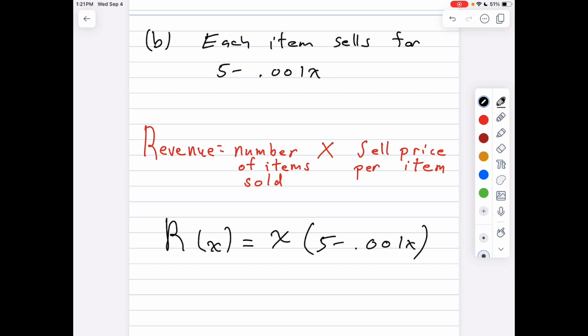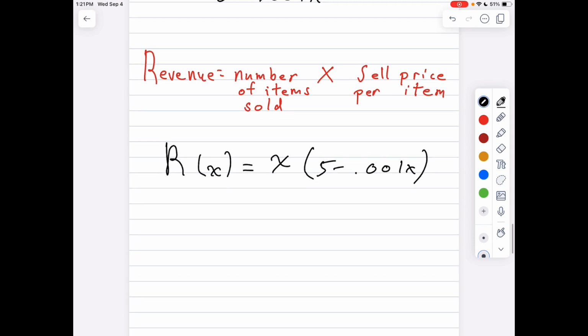When we think of a sell price, we often think of a fixed number like 4 or 20 dollars. But here, the sales price of each item, 5 minus 0.001x, depends on the number of items we make. That's very common. I'm going to simplify this a bit: R of x is equal to 5x minus 0.001x squared. I just distributed that x.